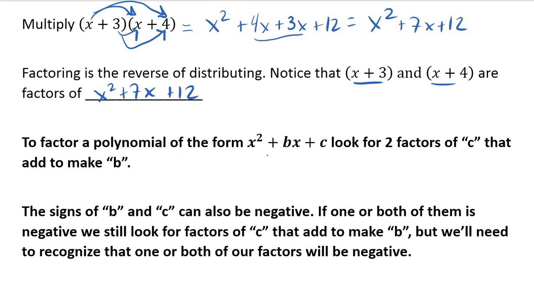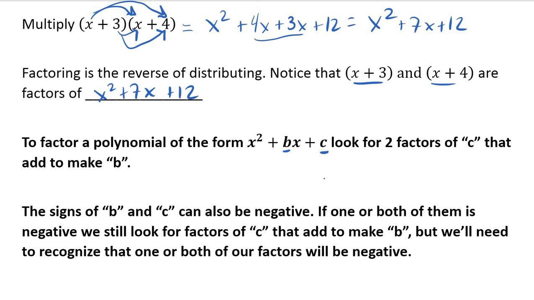To factor a polynomial that looks like this, x squared plus bx plus c. Now notice no a here, we're only dealing with ones today. Look for two factors of c, so two numbers that multiply to make c, that add to make b. That's how you factor, okay? Now the signs of b and c can be negative, right? You could have negatives in here, one or other, or both.